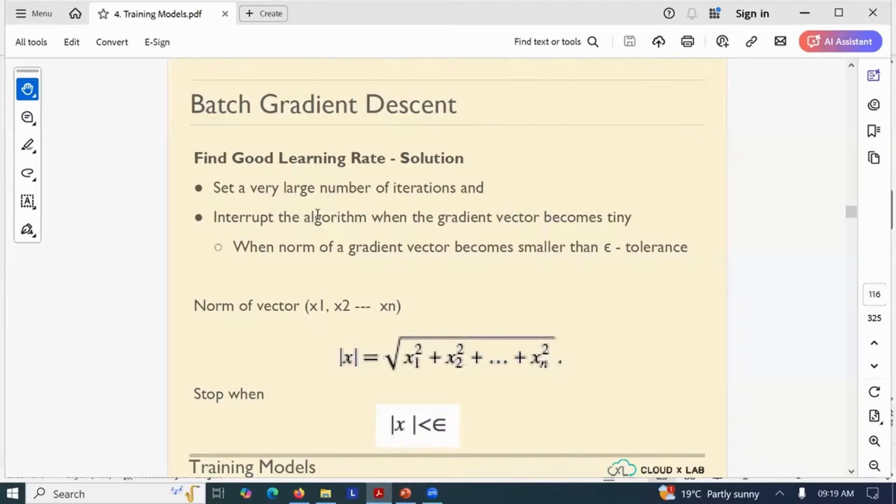Okay. Now, how can we calculate that the gradient becomes too tiny? For that, we can use any norm, right? So for example, if you have a vector x1 to xn, you can calculate the norm using this formula. So if the norm of this vector is below some predefined threshold epsilon, we can stop at that point, right?